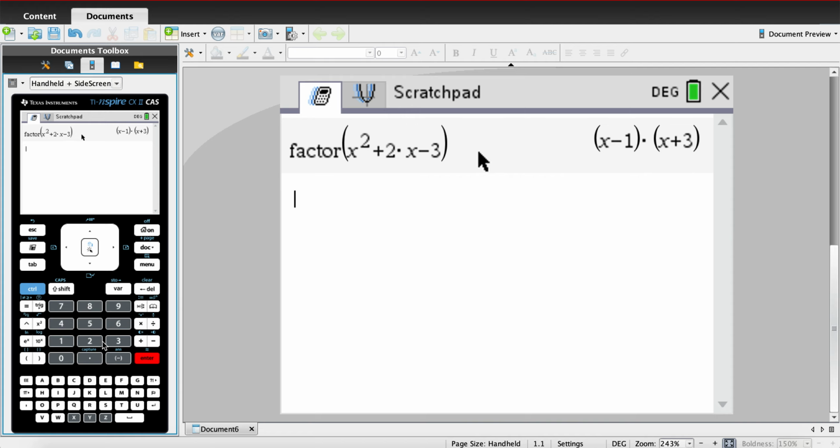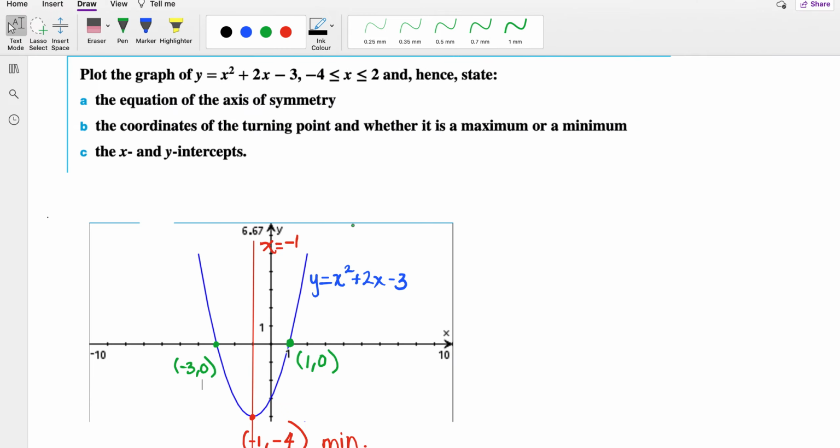And there you go. Notice what happens here, I'm going to show you, because y is equal to 0. So what happens here is that x squared plus 2x take away 3, I'm saying that this is going to be equal to 0, because y is going to be equal to 0.